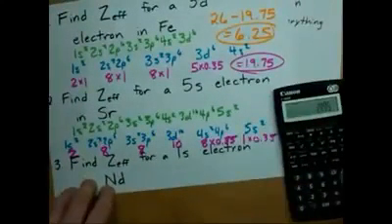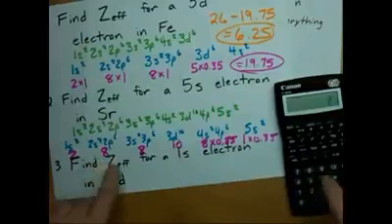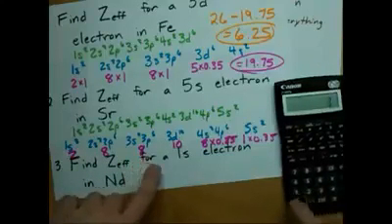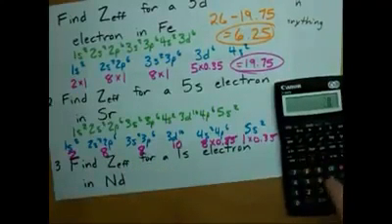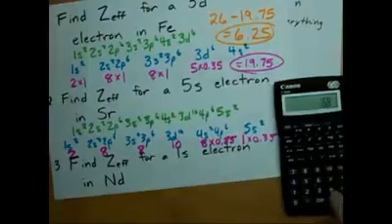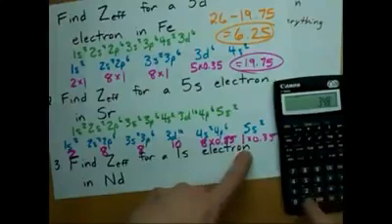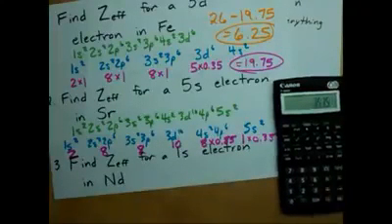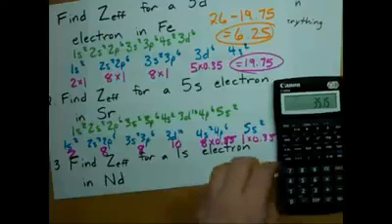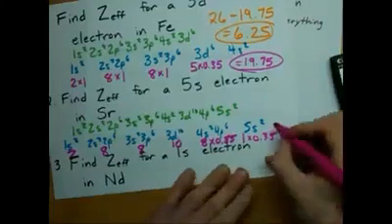We got to add them all up. 2 and 8 and 8 and 10 and 8 times 0.85 and 1 times 0.35. Add all those up, you get 35.15.